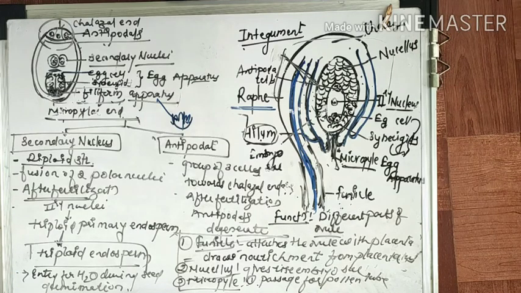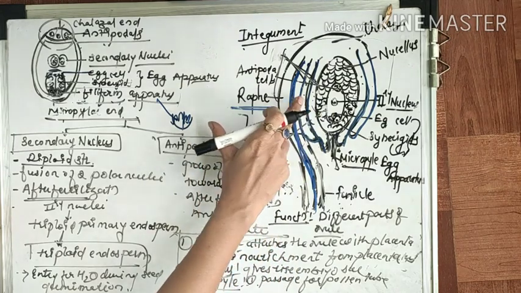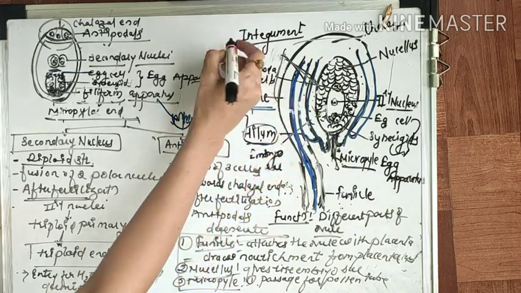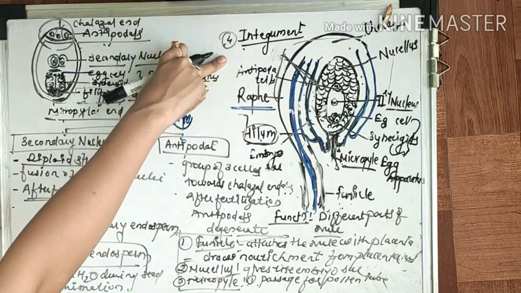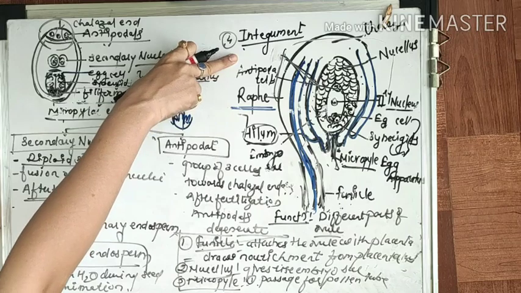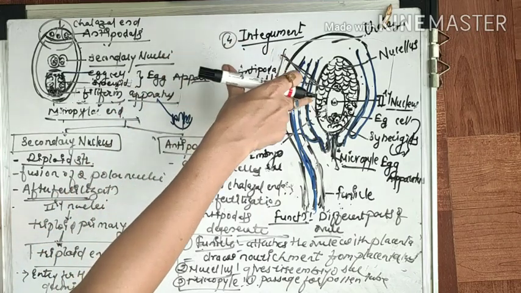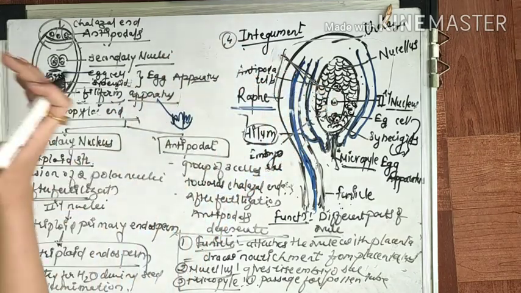Then the next part, the fourth part, is called the integument. What is the role of the integument? It protects the nucellus and embryo sac and develops into the seed coat.